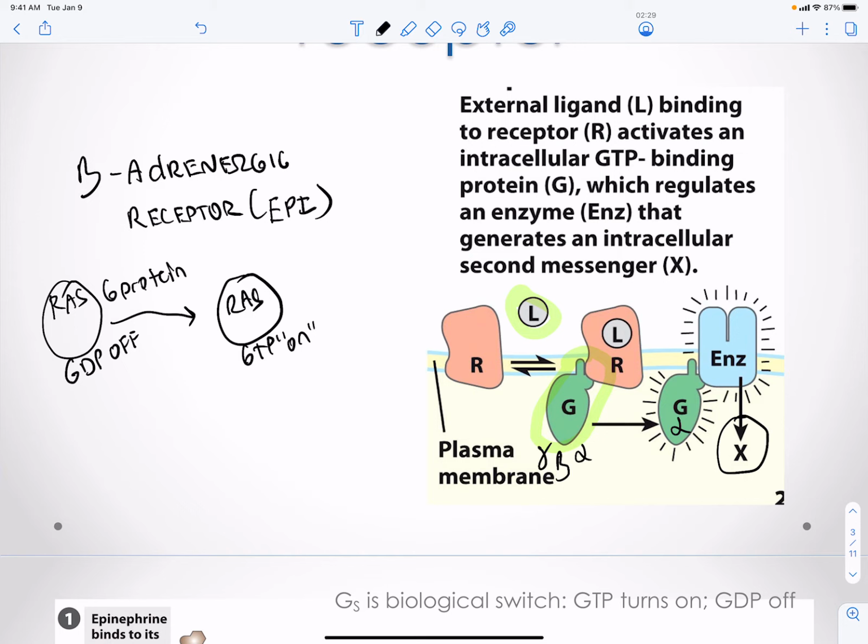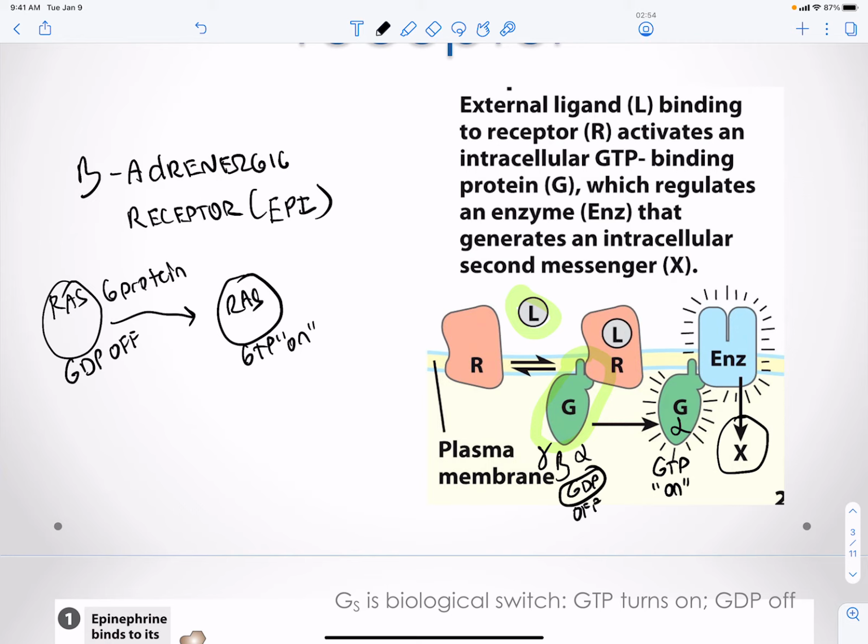It's the same with our G protein receptors. With GDP, this is off. With GTP, this is on. And just like RAS, our G protein receptors have the ability to hydrolyze and turn off, but it's an auto turn off, so it's the same concept as we talked about with RAS.